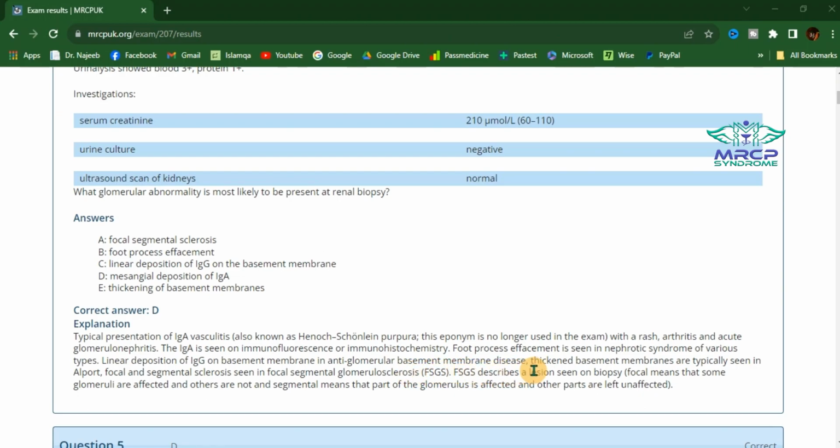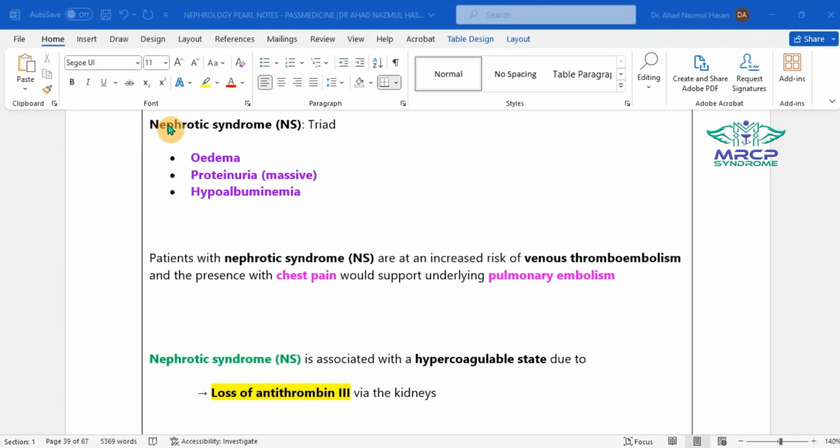FSGS describes a lesion seen on biopsy. Focal means that some glomeruli are affected and others are not, and segmental means that part of the glomerulus is affected and other parts are left unaffected. Patient with nephrotic syndrome usually presents with the triad of edema, massive proteinuria, protein 3+, and hypoalbuminemia.